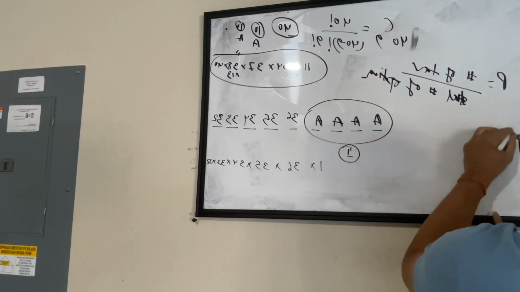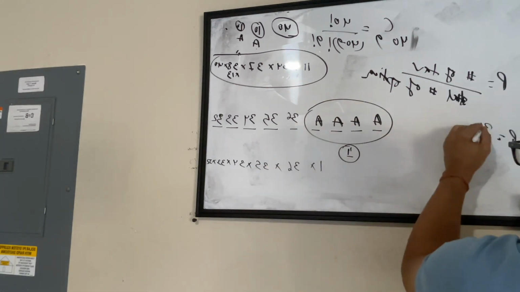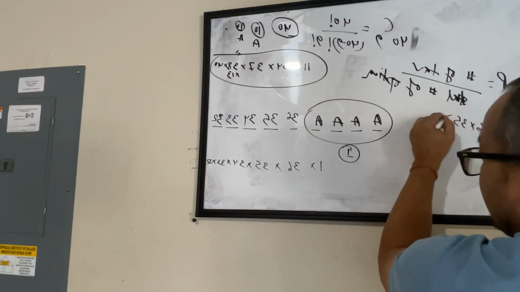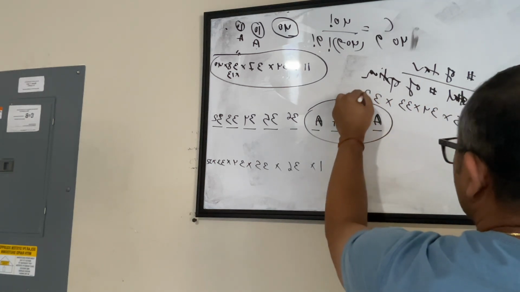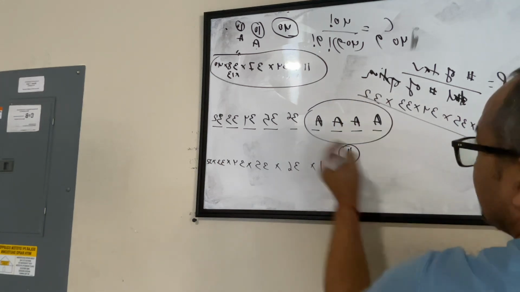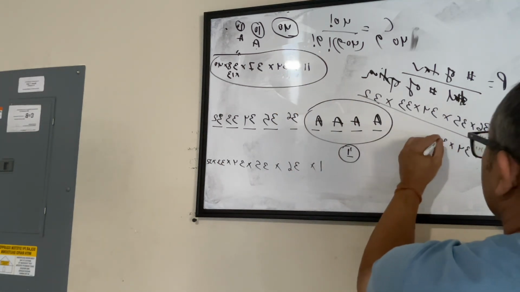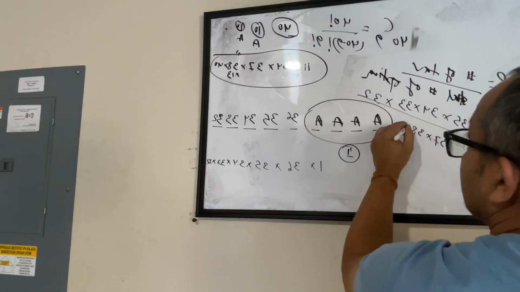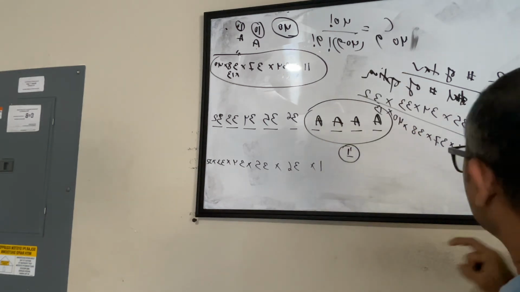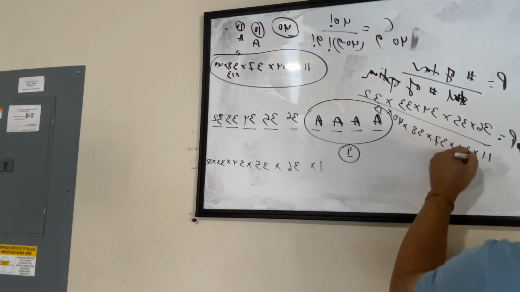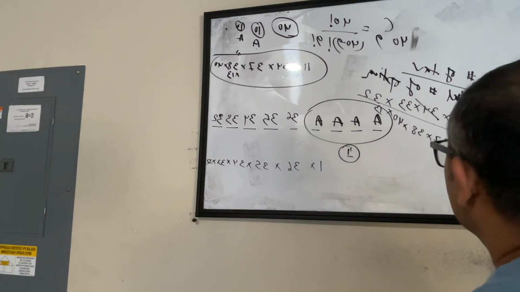And hence your probability becomes 36 into 35 into 34 into 33 into 32 divided by whatever is here: 40 into 39 into 38 into 37 into 36 into 35 and so on. Now you guys can play with this and figure out what it will be.